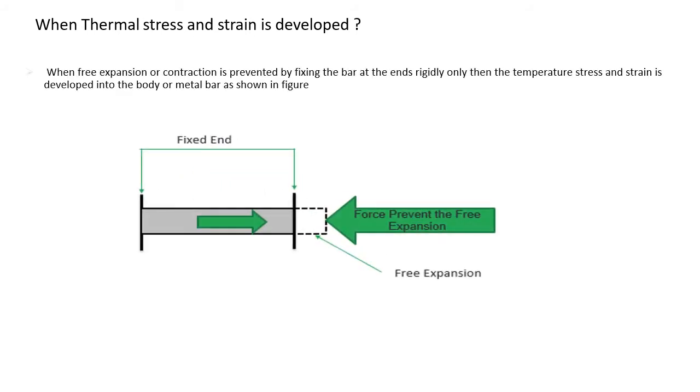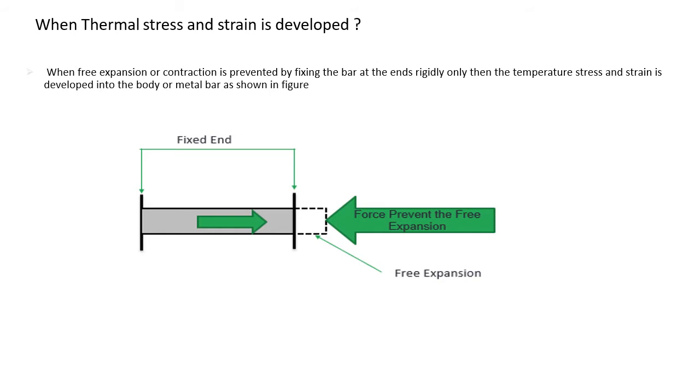Now see, when this thermal stress and strain is developed, consider a figure which shows one bar which is fixed at both ends. When this bar is heated or its temperature is lowered, then expansion or contraction is developed.